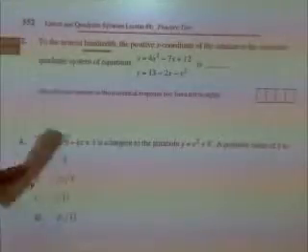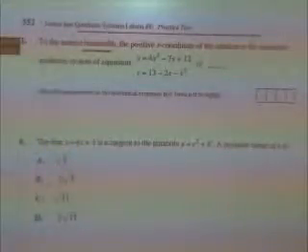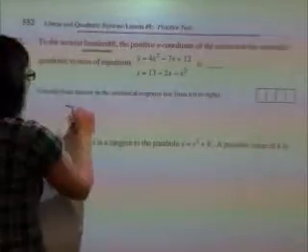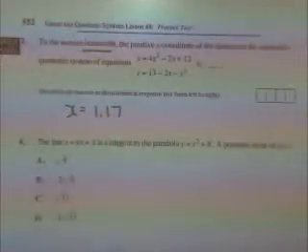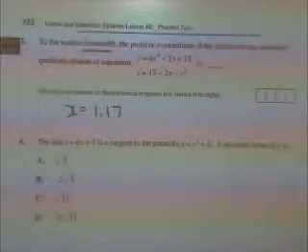So when I graph these two, I would get a positive and a negative intersection point. I'm only concerned with the positive, which is 1.17. The negative was negative 0.17, but I don't even need to look at that one.